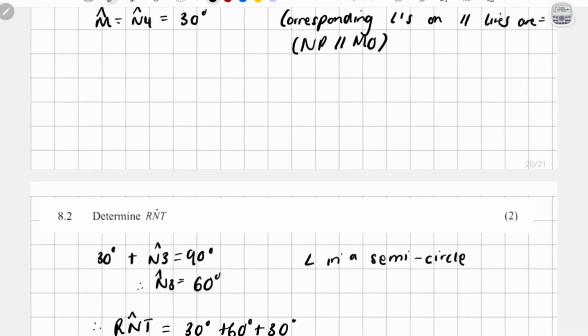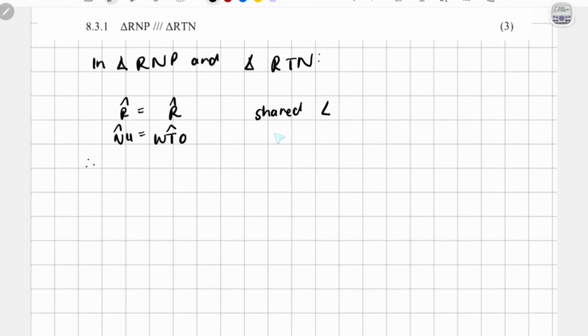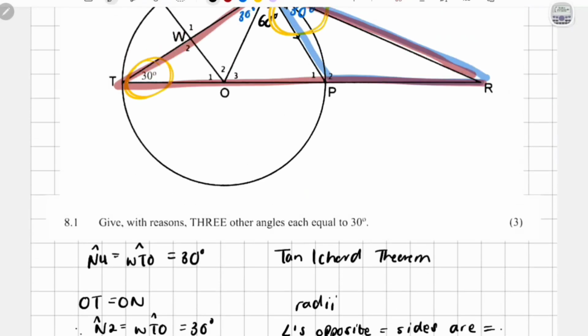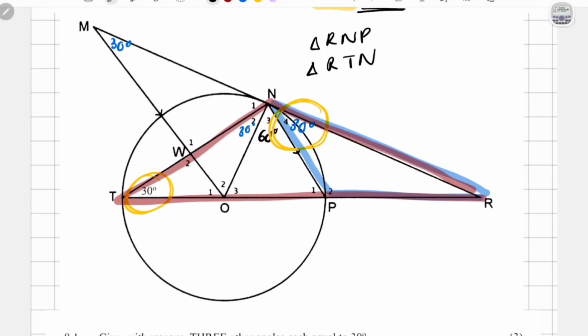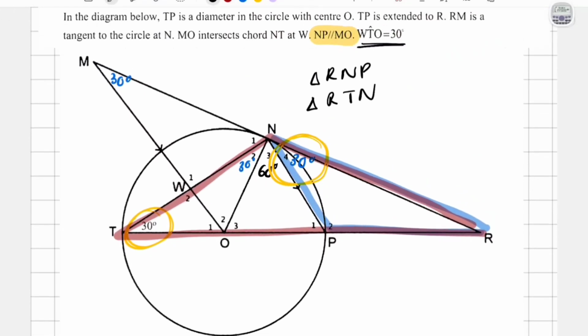So therefore, it finally just means, this one is already proven, not really given, but proven. So proven angle. And then the third angle is going to be equal. So just remember what the third angle would be. In this triangle RNP, it's this angle, P2.